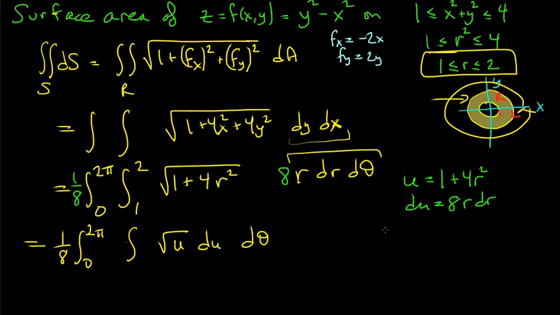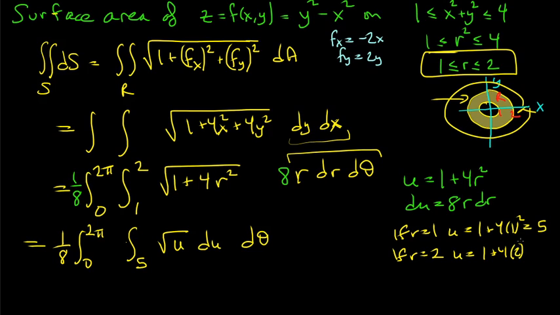If r is 1, u will be 1 plus 4 times 1 squared, 1 plus 4 is 5. And if r is 2, then u is 1 plus 4 times 2 squared, that's 1 plus 4 times 4, 1 plus 16 is 17.